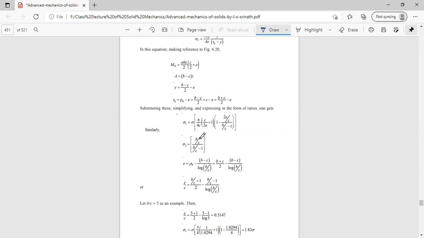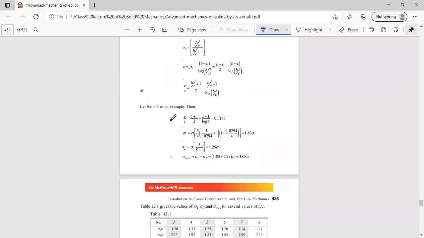Or sigma 2 is equal to B by C divided by B by C minus 1, or E is equal to rho 0 minus B minus C log B minus C itself, or B minus C by 2 is equal to minus B minus C log B minus C itself. So from E, if we put the value of C under the E, then this equation will take this particular shape: B plus C minus 1 by 2 minus B minus C minus 1 by log B by C itself.